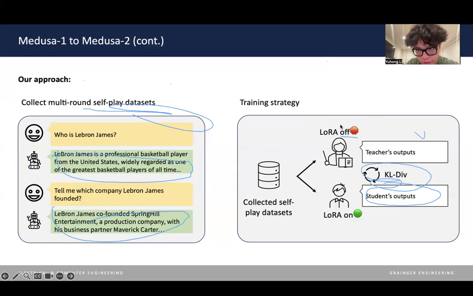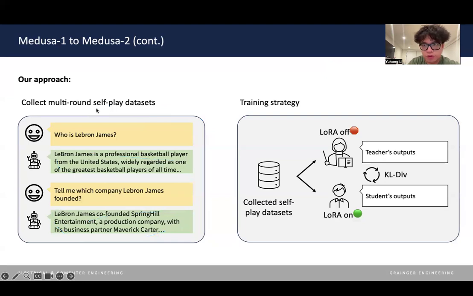So that's the idea of how we do this without the data set and without the fine-tuning strategies of the original model.